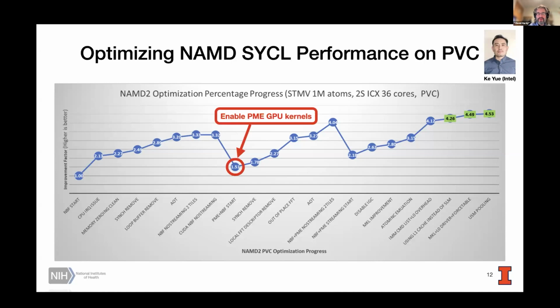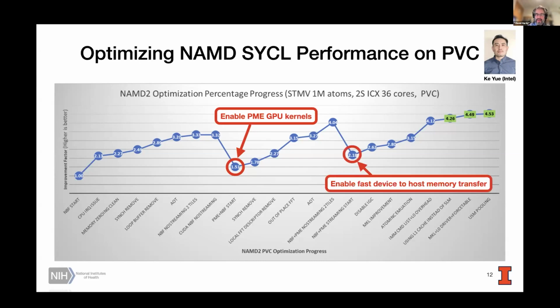And so his optimization started working on just optimizing the non-bonded force kernels. And then these dips here are when he enabled something else. So it's like, okay, he got non-bonded forces optimized really well. Well, okay, let's turn on PME GPU kernels. All of a sudden, we've got performance problems again that we've got to optimize away.